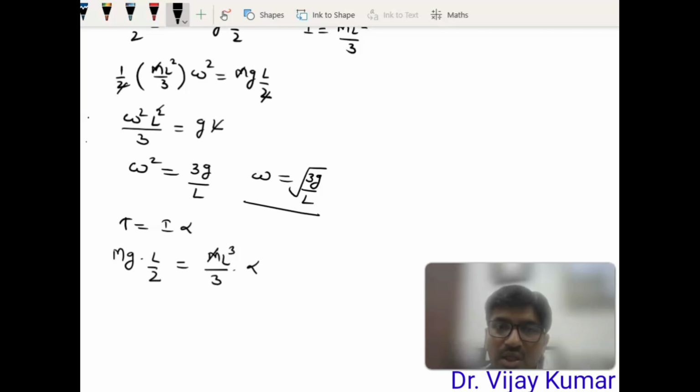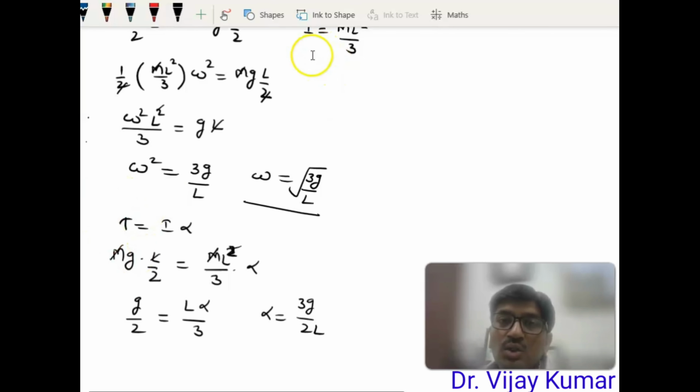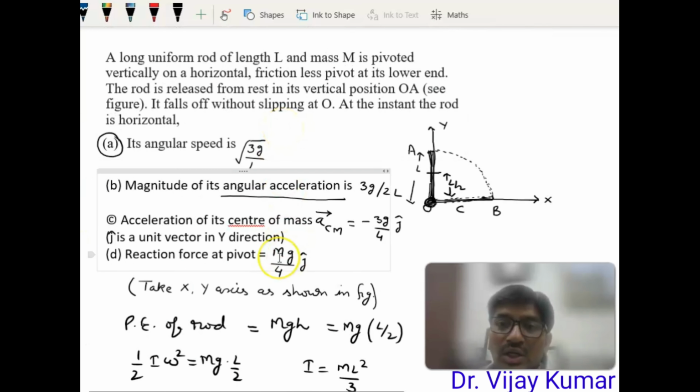Now m cancels out and one L is cancelled out. So it becomes g by 2 equal to L alpha upon 3, and alpha equals 3g upon 2L. So angular acceleration is 3g upon 2L.